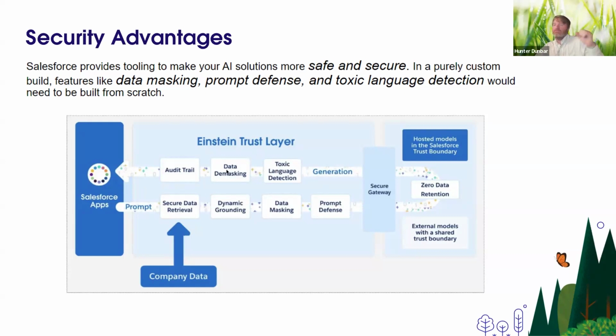Salesforce then passes that prompt through a handful of security measures, like data masking and prompt defense. They then pass it to an LLM hosted within Salesforce's trust boundary. They get a response back, demask the data, run it through some toxicity detection, and then pass it back to the user.